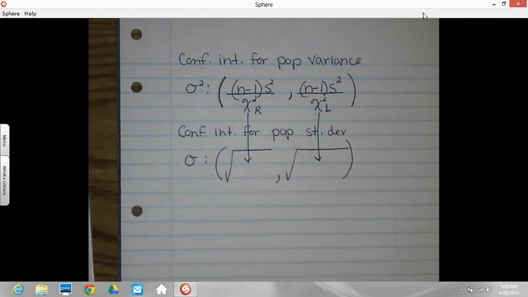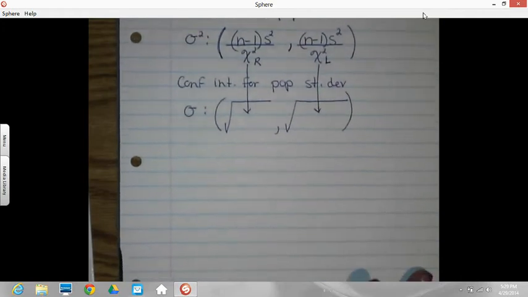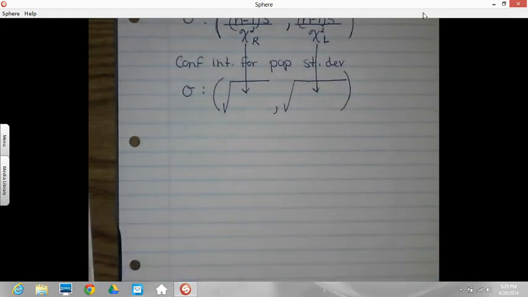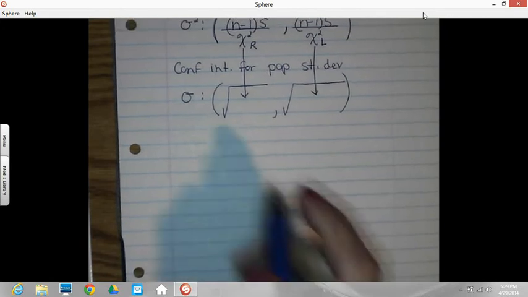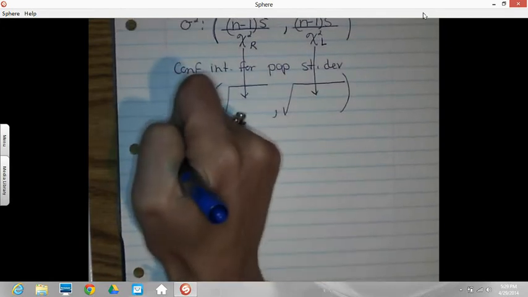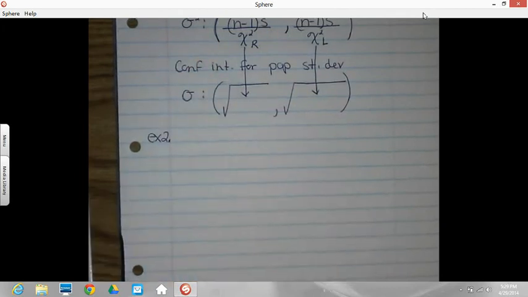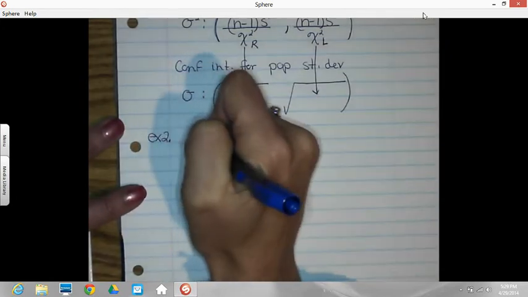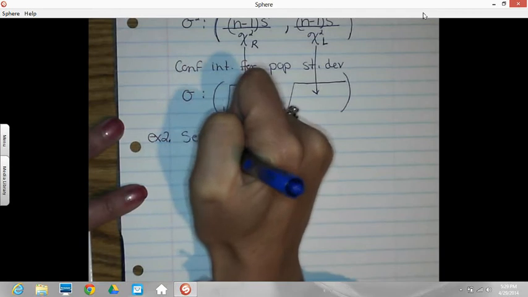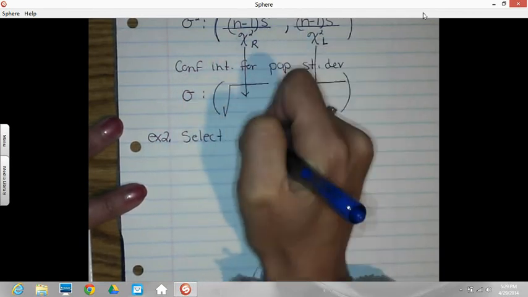Okay, let's try one. Let's try number 2. Find population medicine weights. You're going to randomly select 30 samples of allergy medication.